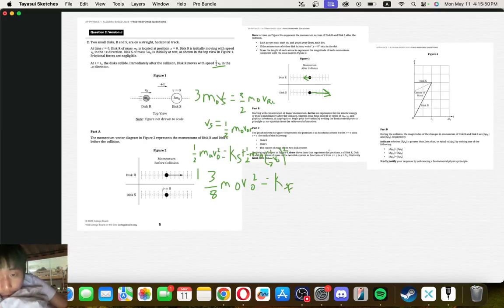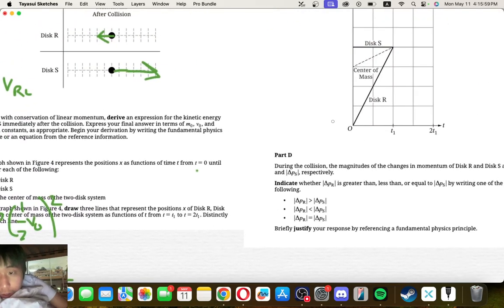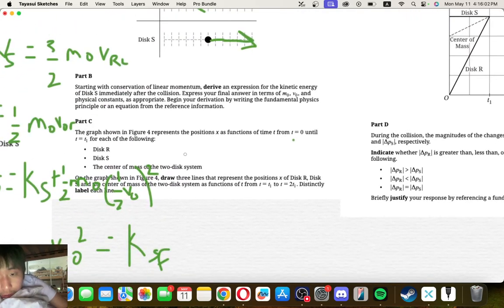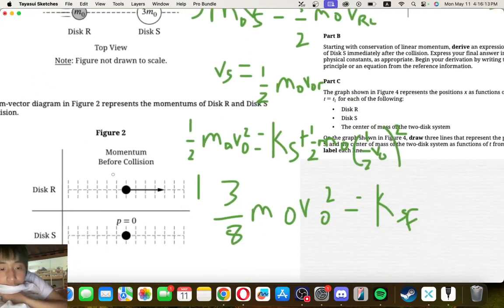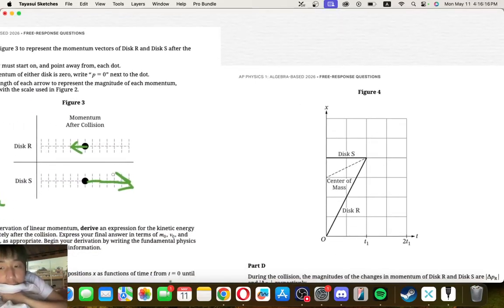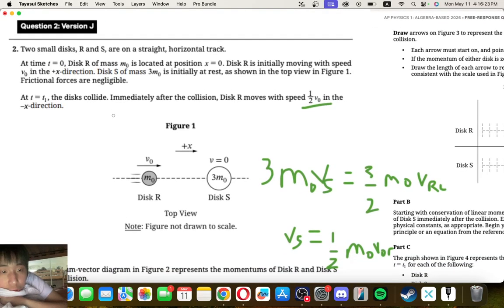The graph in the figure represents the position x as a function of time at t equals 0 and t equals t1 for each disk's center of mass. Okay, so T1 was before it got hit, right?